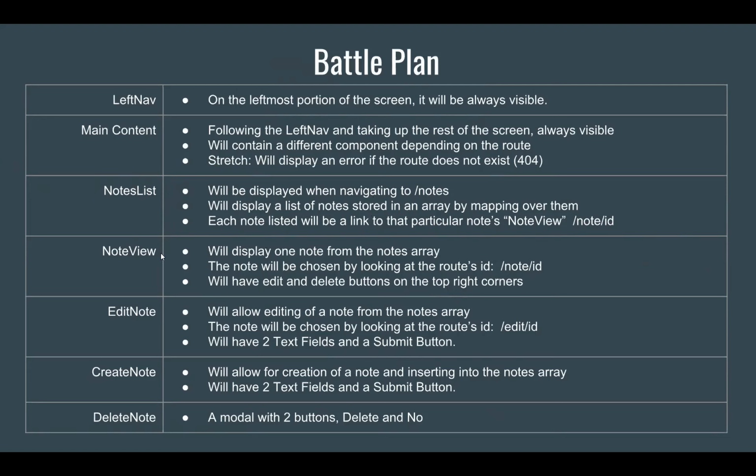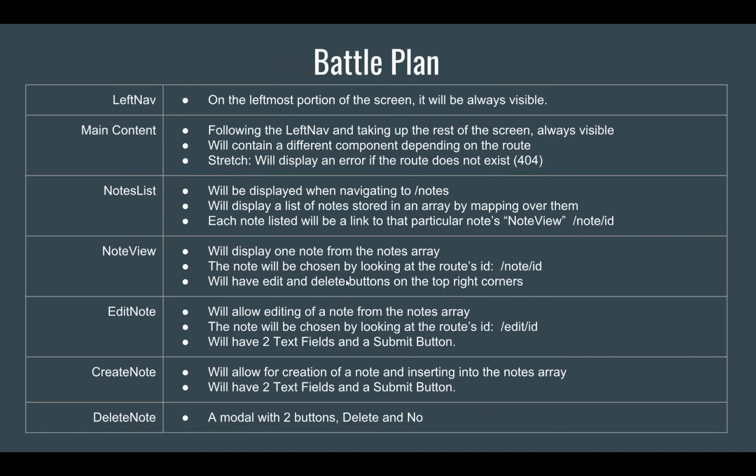Then I have note view, which will display one note from the notes array. This note will be chosen by looking at the route ID, in this case, /note/ID. So we're going to get the ID from the very end of that route. And then we'll have the edit and delete buttons inside that view on the top right corner.